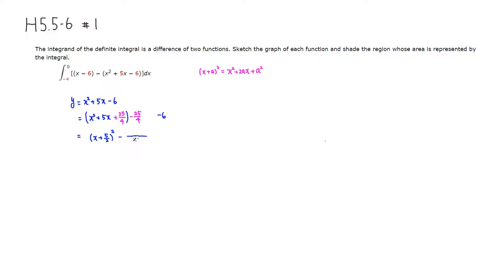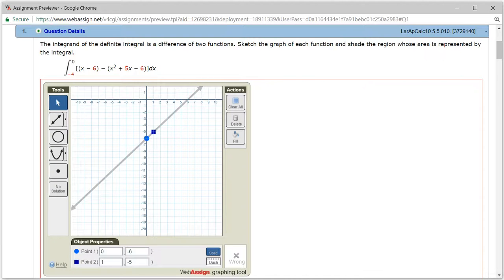There's a 4 there, so 25 minus 6, with the negative sign out here, gives 24 over 4. So this is x plus 5 over 2 squared minus 49 over 4. So let's sketch the picture here.